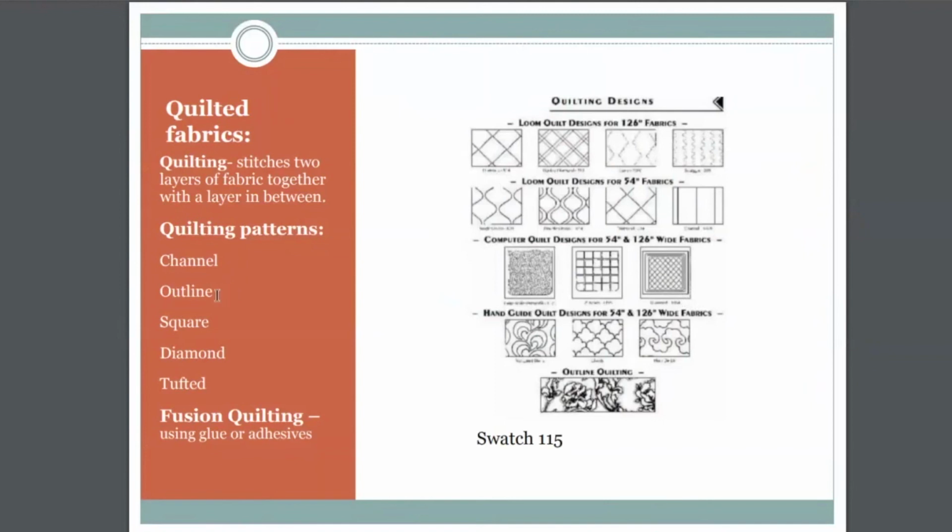So for example, when I used to do kids' rooms, I just have to give you some examples. Maybe I would do a bedding that had moons and stars on the fabric. And maybe I would quilt around the moons, or maybe I would quilt around the stars or something to create the quilt. Squares are simple squares. So channel 2 directions up and down to create the square, or on angles to create a diamond, or just something simply tufted.